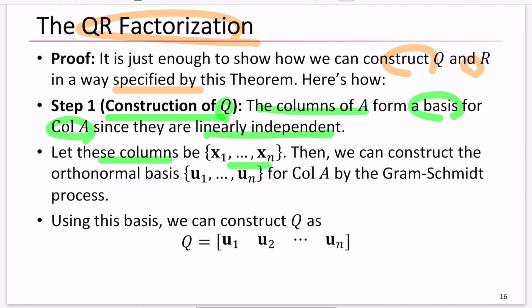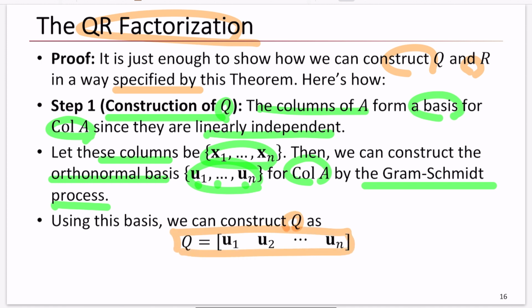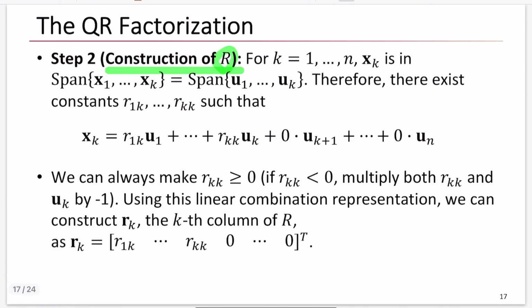Let these columns be the set of vectors. Then we can construct an orthonormal basis u1, u2, ..., un for this subspace by using the Gram-Schmidt process that we discussed so far. Then using this basis, we can construct Q by setting this orthonormal basis as the column vectors of matrix Q. So that's it. What about the construction of matrix R?